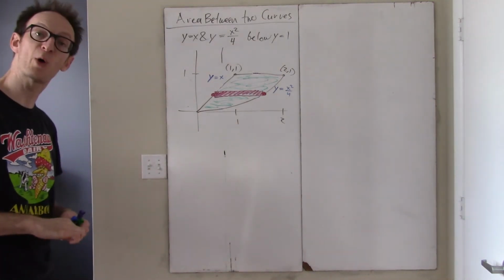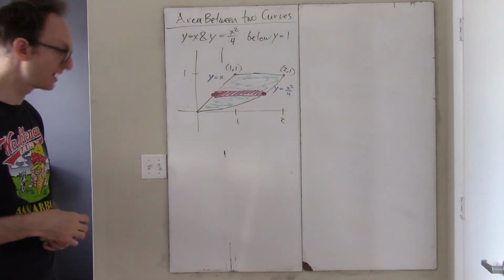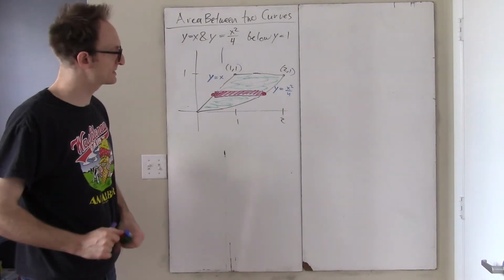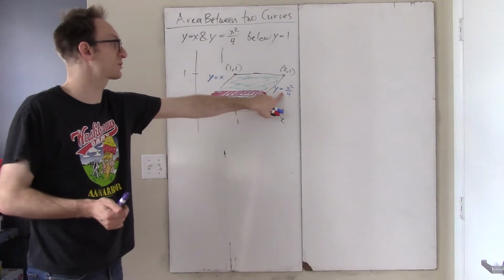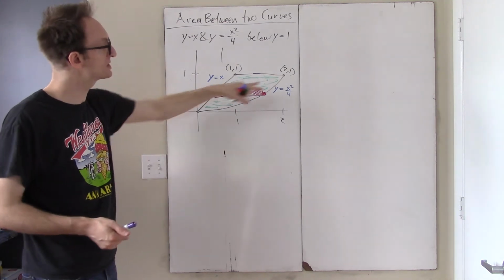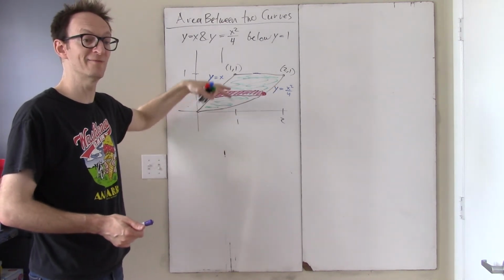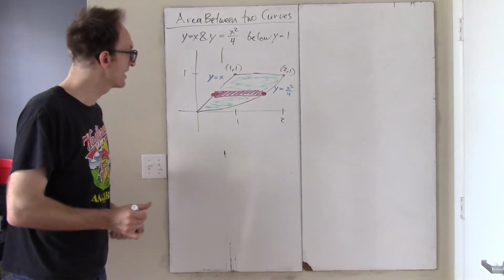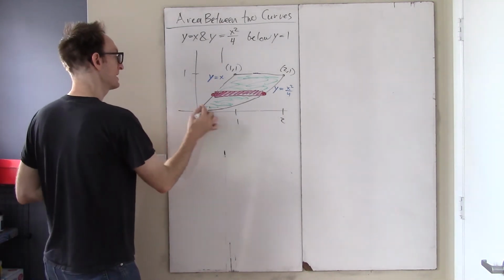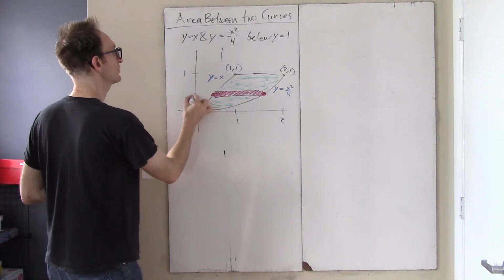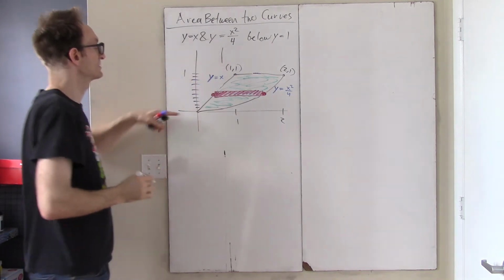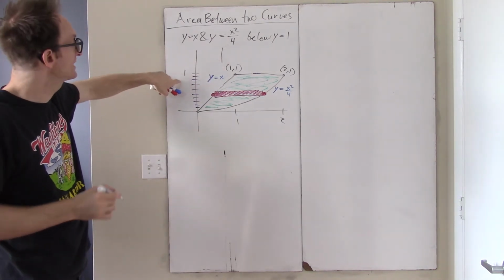Okay, but this requires us to be very flexible in our thinking, because notice that this is the curve y equals x squared over 4. But if I am going to split this up into an infinite number of infinitely thin horizontal rectangles, then what I'm really doing here is partitioning the interval from 0 to 1 up into subintervals.